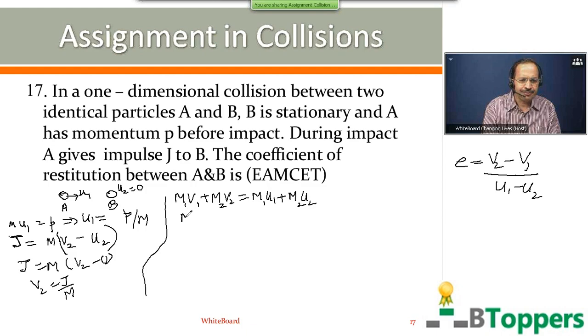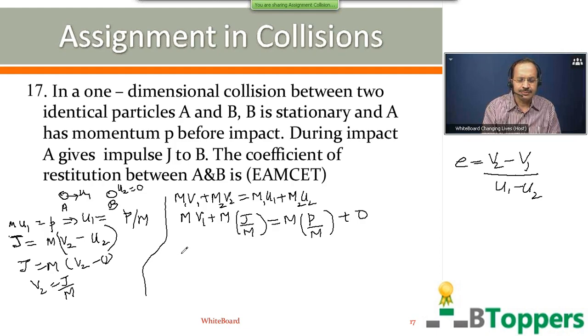So m1 equal to m, and m2 is also equal to m. v2 is J by m. m1 u1: m1 is equal to m, u1 is P by m, so you can directly write m1 u1 equal to P. u2 is 0.